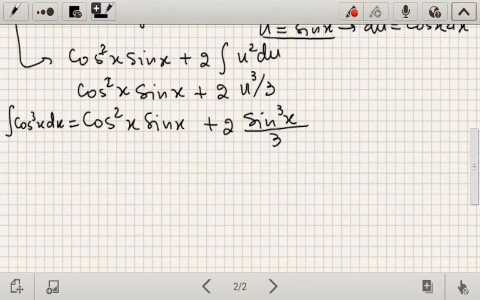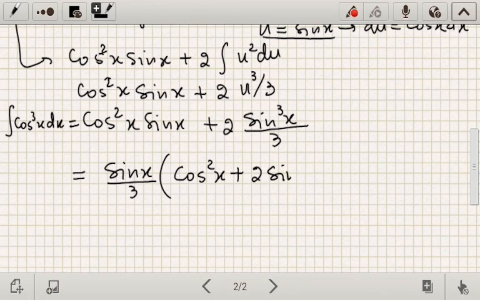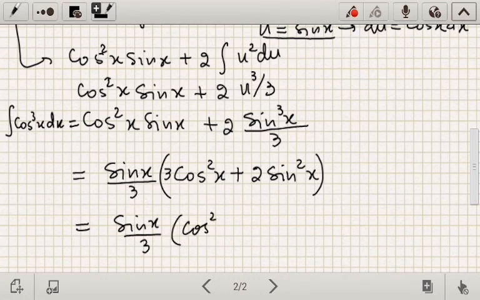So we can write down that this is actually the integral of cos cube x dx, right? Once we get this, we can simplify by taking sine x divided by 3 as common from all the terms, and we're going to get cos square x plus 2 sine square x. And we're going to have a 3 here as well, because the cos square x sine x term didn't have a 3 in the denominator. So now you write sine x divided by 3 into cos square x plus 2 cos square x plus 2 sine square x.